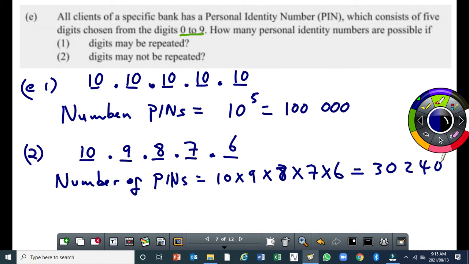So you can do it this way. Or you can use the function on a calculator, which will be 10 choose 5. If you put that in your calculator, try it out. 10 choose 5. It will give you 30,240. Okay. So you can decide which way.